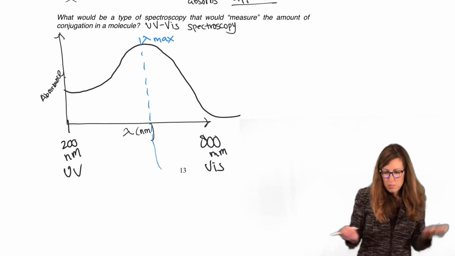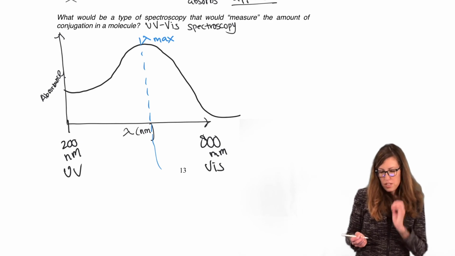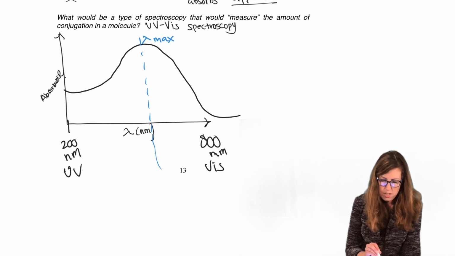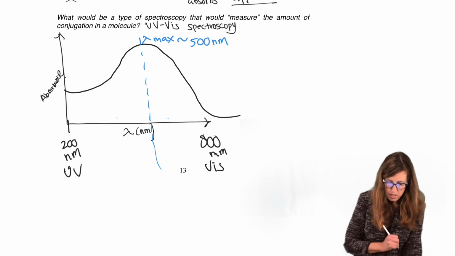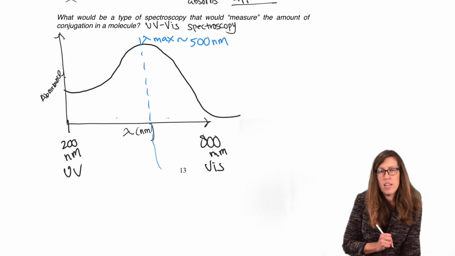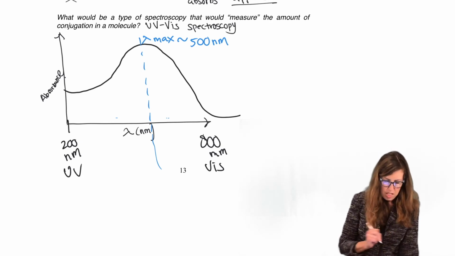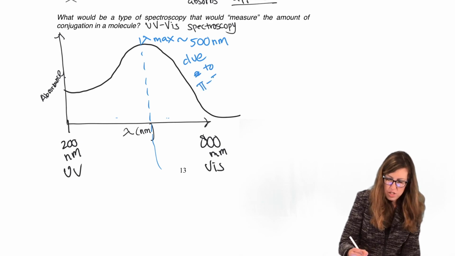I could approximate, I'm a little more than halfway to 800 from 200. So let's see, I would say 400 would probably be here, 600 here, so it might be around 500. Yeah, so that would indicate visible range absorption, right? Okay, and we remember that lambda max is due to what we call the pi to pi star transition.